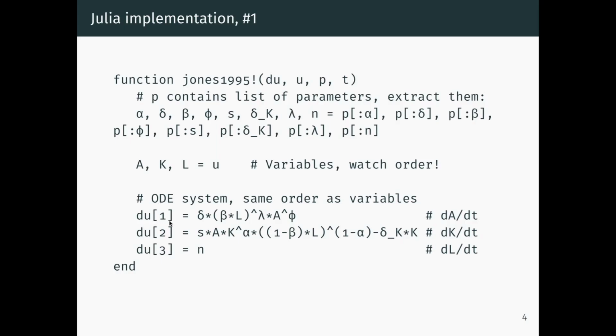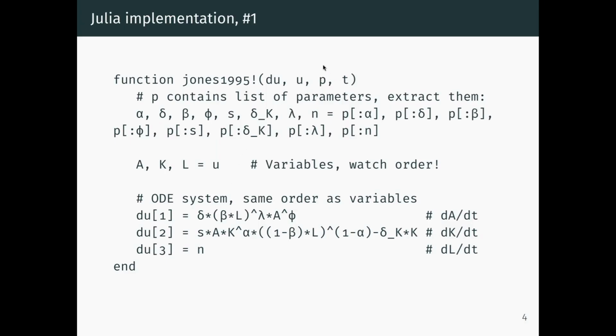The first element is defined here, so that's actually just the change of technology over time t, and is the knowledge accumulation differential equation that we saw on the previous slides. The second element is the capital accumulation differential equation, and the third element is the change in population, which is just this constant parameter n.